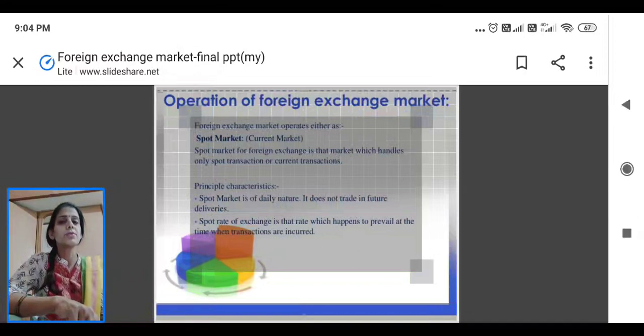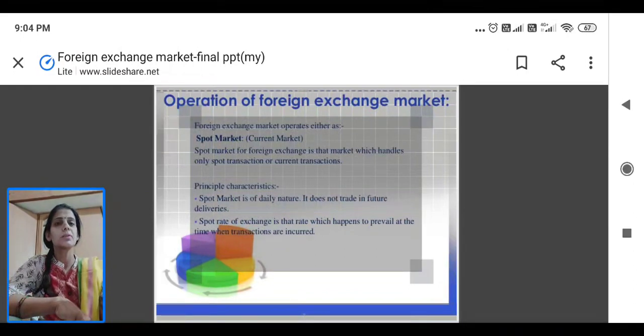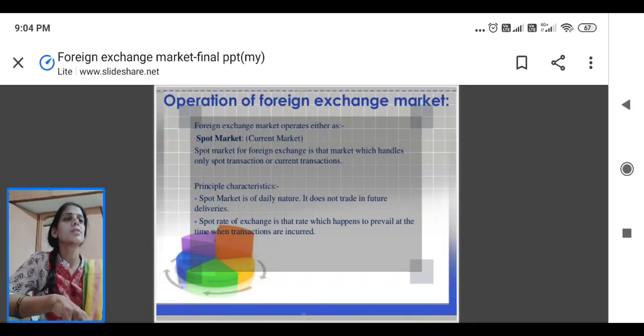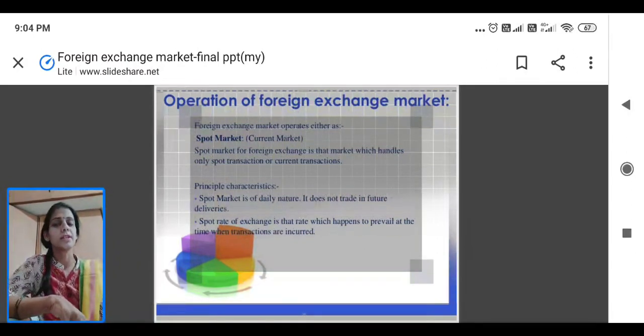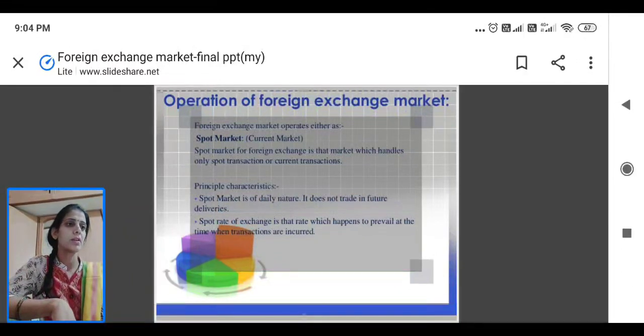So in future the forward exchange rate needs to be fixed for the particular date on which you are going to make the payment. This is the maximum payment I can make, not more than that. This is the rate I am fixing for a future date, not for today's date, and at which the foreign transactions are to be honored. That day the transaction will be honored.